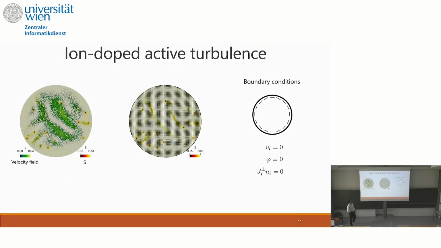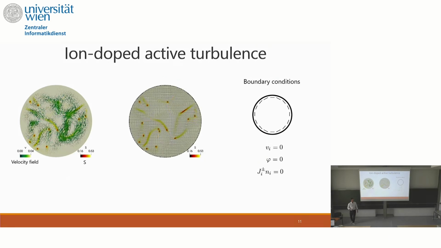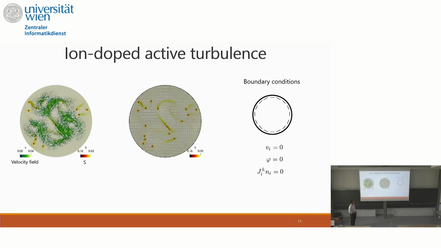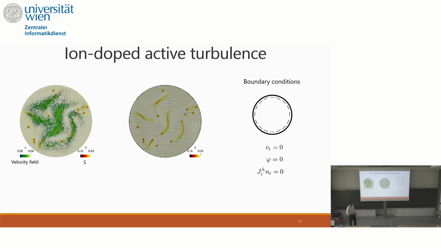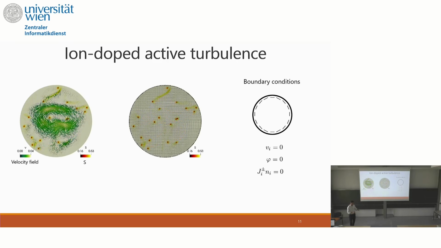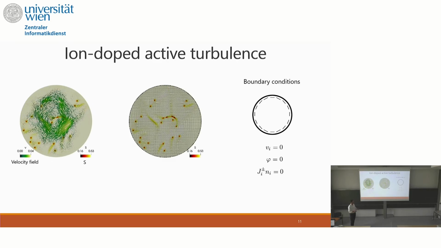Okay, and now let's move to ion-doped active turbulence, so this chaotic movement of topological defects. Here I have a system that is confined to a circle.